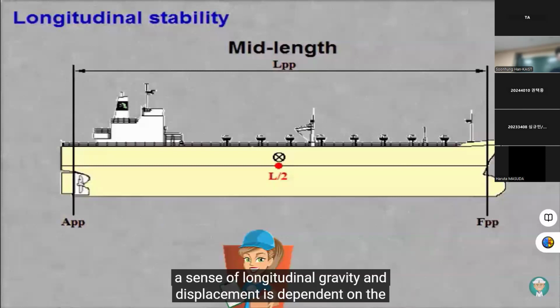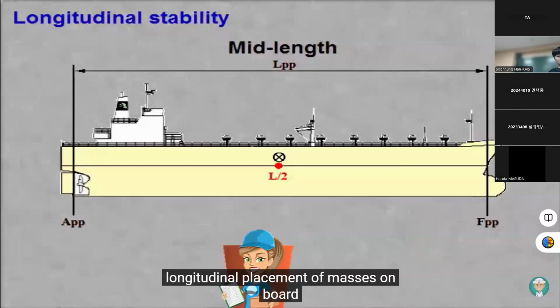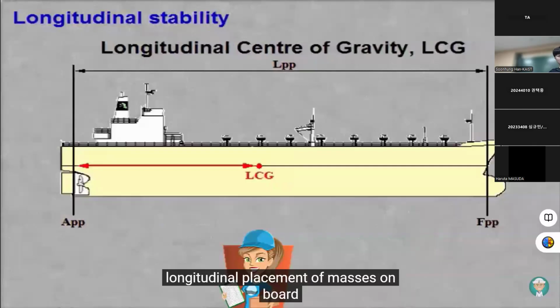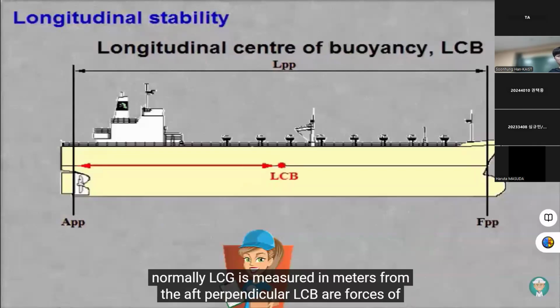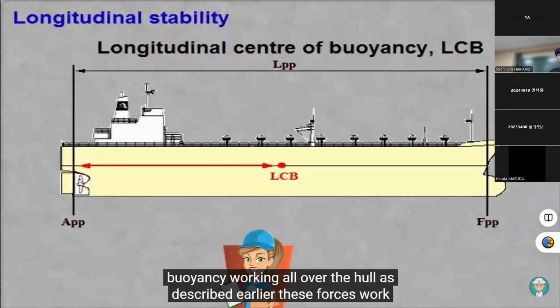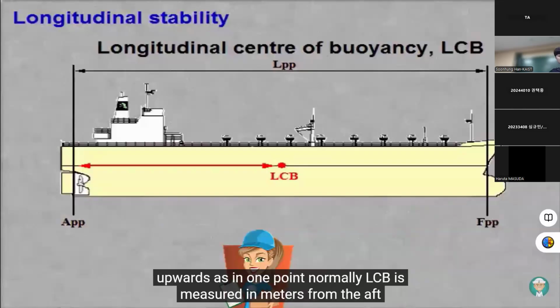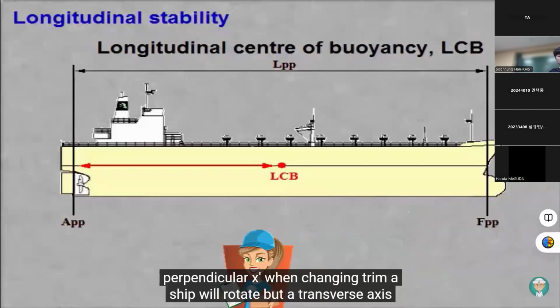LCG is the centre of longitudinal gravity, and its placement is dependent on the longitudinal placement of masses on board. Normally, LCG is measured in metres from the aft perpendicular. LCB is the centre of the forces of buoyancy working all over the hull, as described earlier. These forces work upwards as in one point. Normally, LCB is measured in metres from the aft perpendicular.